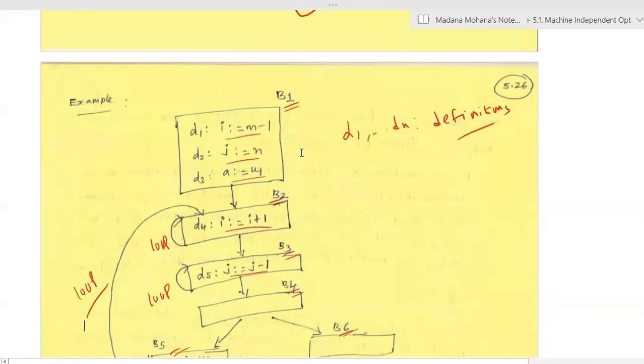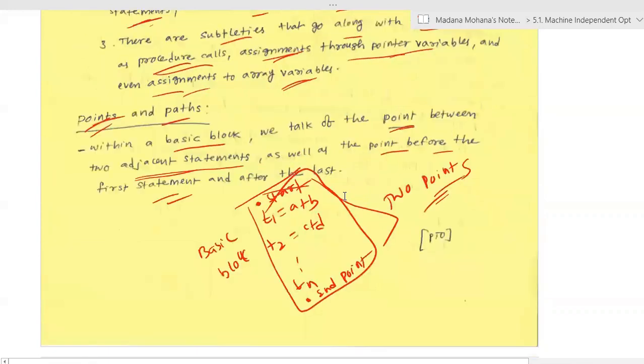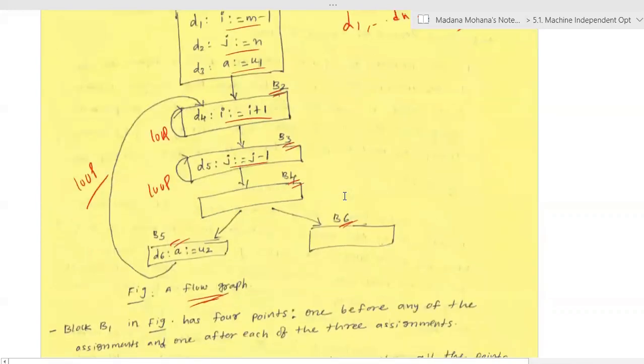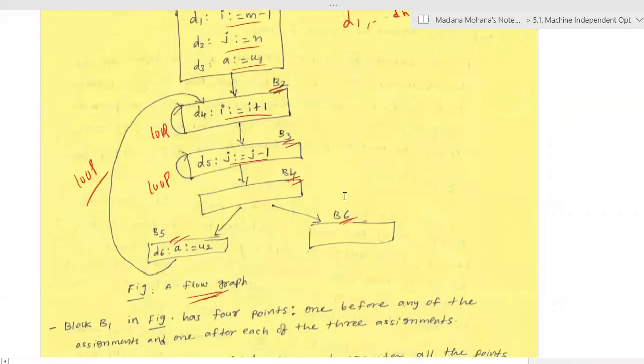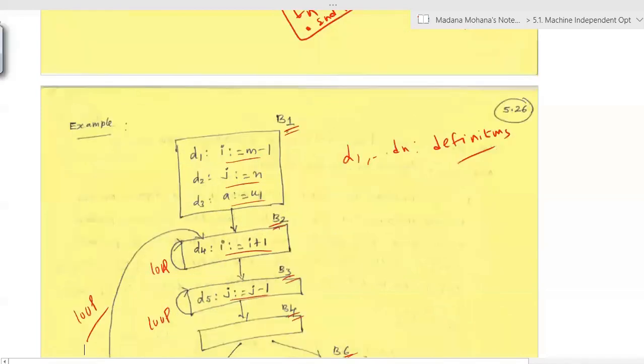Now we are talking about points and paths. With this example, let us see points and paths. Block B1 in the figure has 4 points. What are the 4 points here?